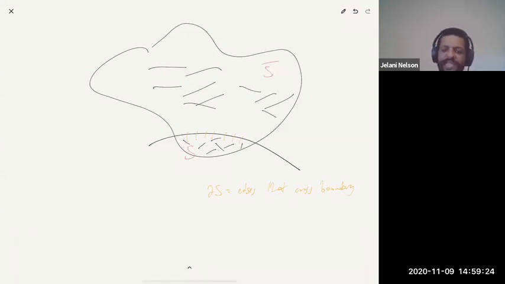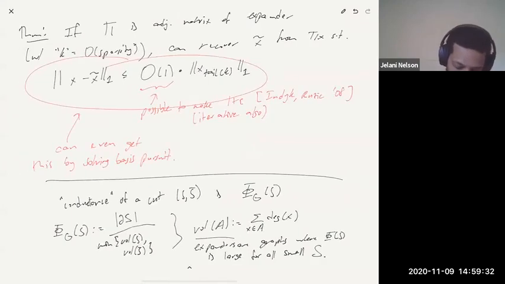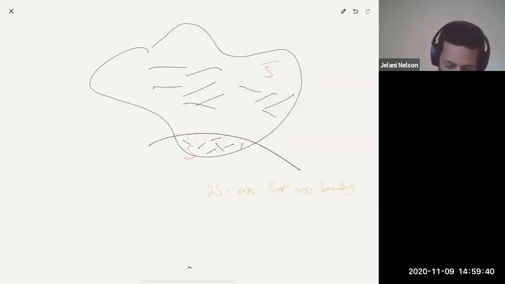Imagine that S is the smaller side of the cut, meaning that if you look at the min, S is the smaller side. So vol S has fewer edges incident upon S. What it's saying is the majority of the edges that are incident upon S are actually the yellow edges.